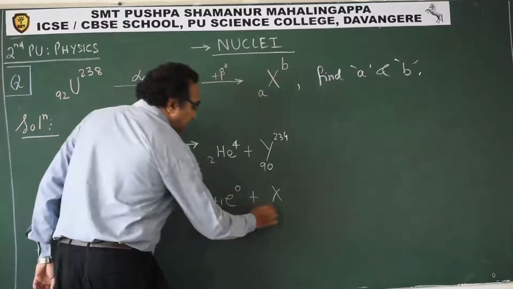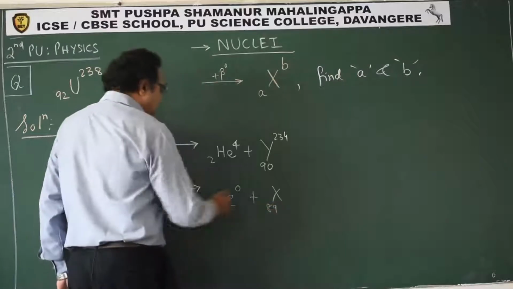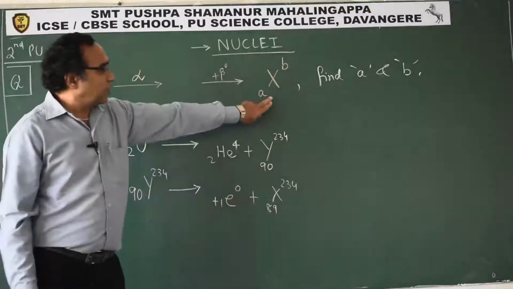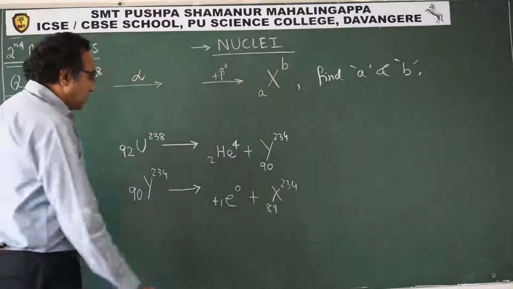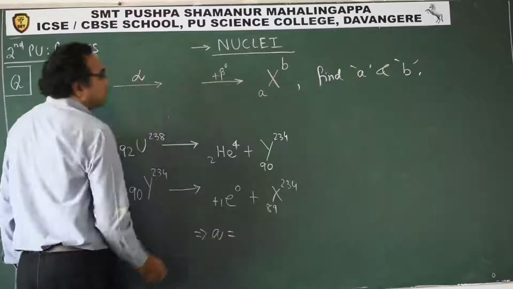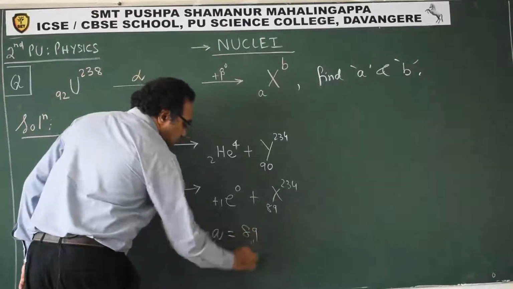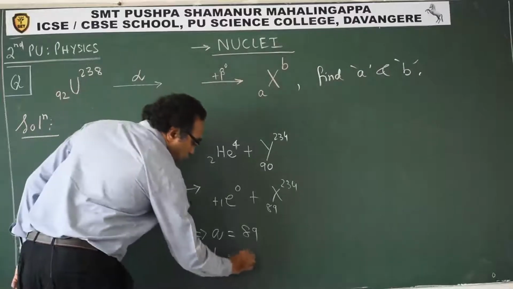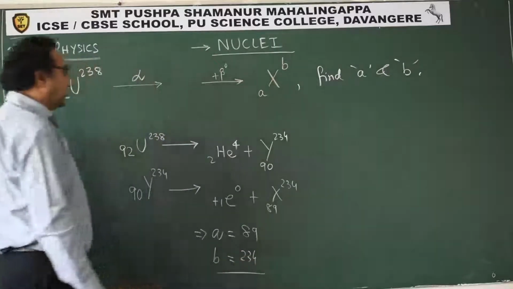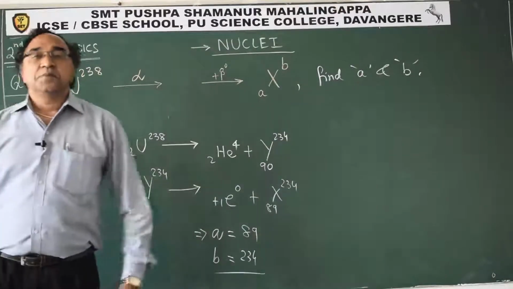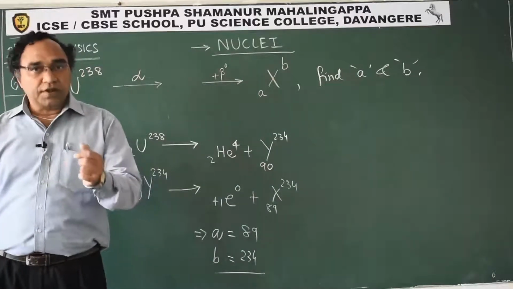This will be 89 and this will be 234. Now compare this with the product which is given here. So we can say that A is equal to 89 and B is equal to 234. That is exactly how we can find the value of A and B by balancing the nuclear reactions.